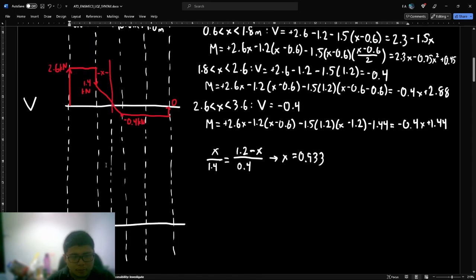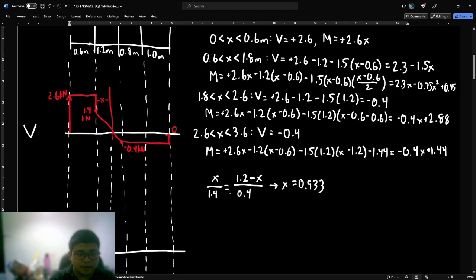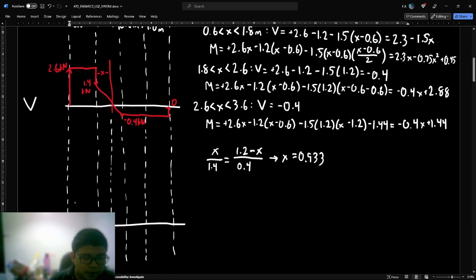But at point 2, we now have an area underneath this graph. The area is considered to be 2.6 kilonewtons across 0.6 meters. So it's going to increase uniformly to about here, which is going to be 1.56 kilonewton meter.